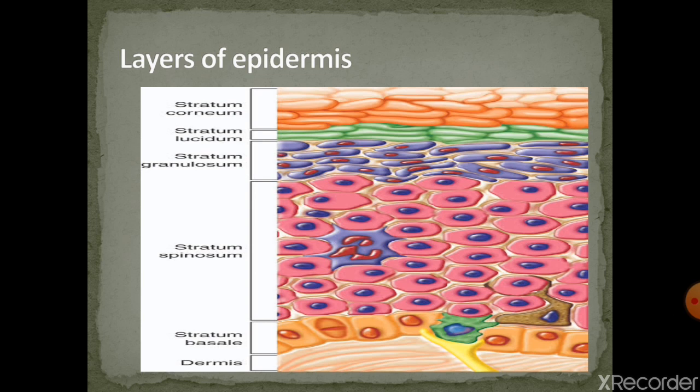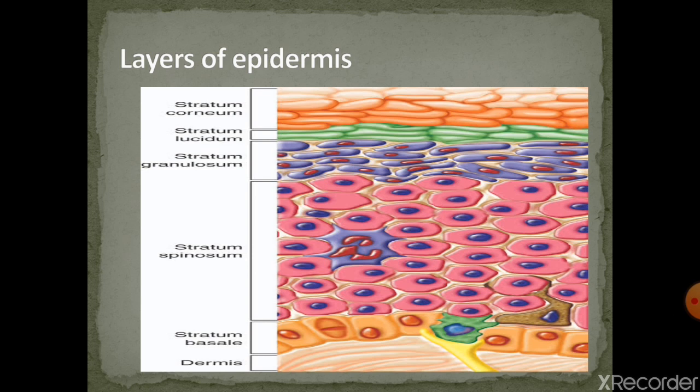Here you can see layers of epidermis. In the top there is orange color layer. In this pic you can see this orange color layer is the stratum corneum, and below stratum corneum there is green color layer, it is stratum lucidum, and below lucidum there is another layer.